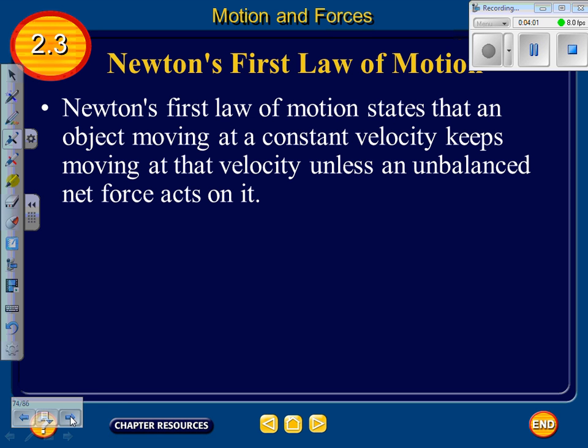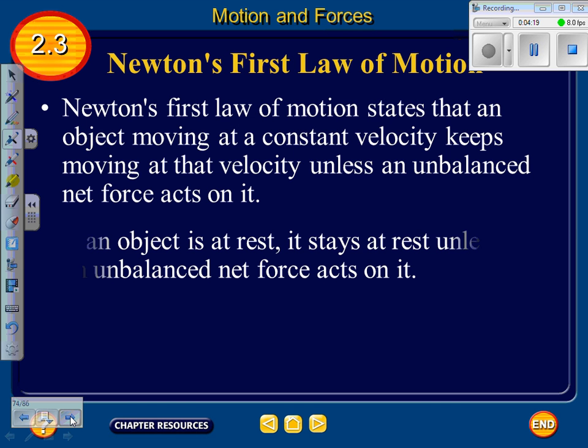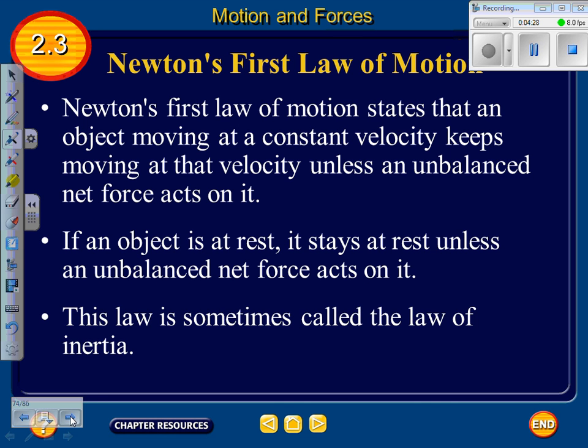A classic example is shooting a rocket into space, because space doesn't have any resistance. There's no air, no other forces acting on a rocket unless it comes into a moon or a star's gravity. It's going to keep going at a constant velocity forever. If an object is at rest, it also stays at rest unless an unbalanced net force acts on it. This law is sometimes called the law of inertia, Newton's first law of motion.